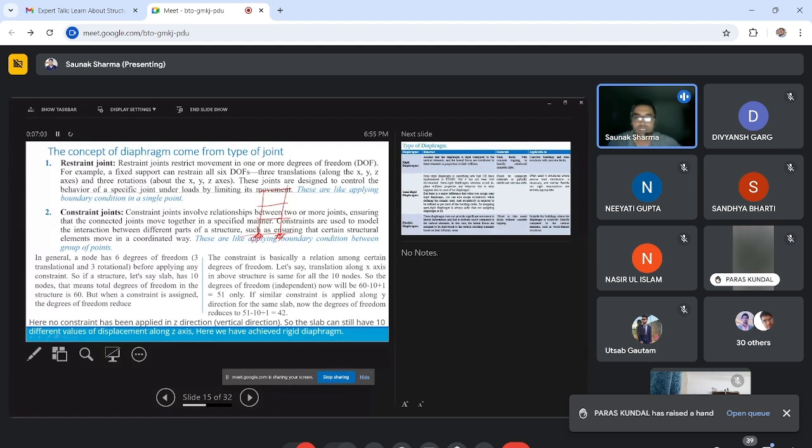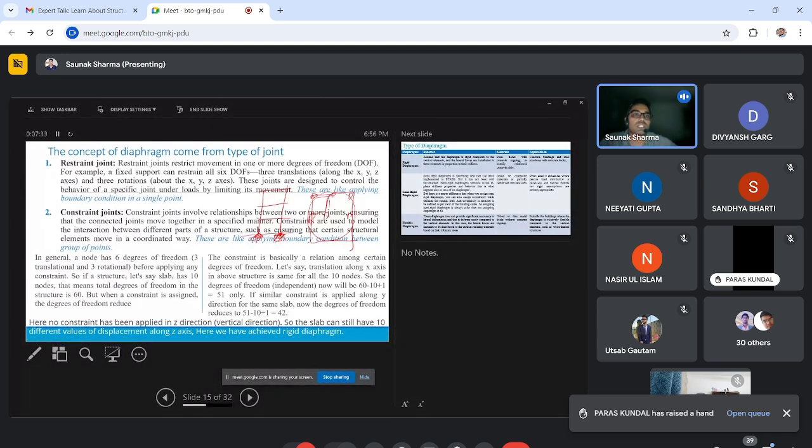If you see a building, the last point is a joint with the foundation with a single element. But if we see the building plan, this column, this column, this column are interconnected by different joints here. These are constraints. The constraints are also of different types, but the constraint we use in buildings is the diaphragm constraint.